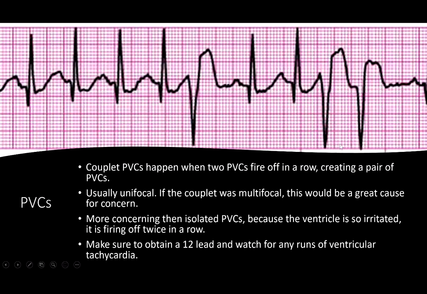This is a little more concerning than just one PVC. I'm definitely going to want to monitor this patient because I could get more and more PVCs in a row, which would lead me to the next thing we're going to talk about, which is run of V-tach. The ventricles are very irritated. Make sure we're doing a 12 lead so we can pick up any ischemia or infarct as well.